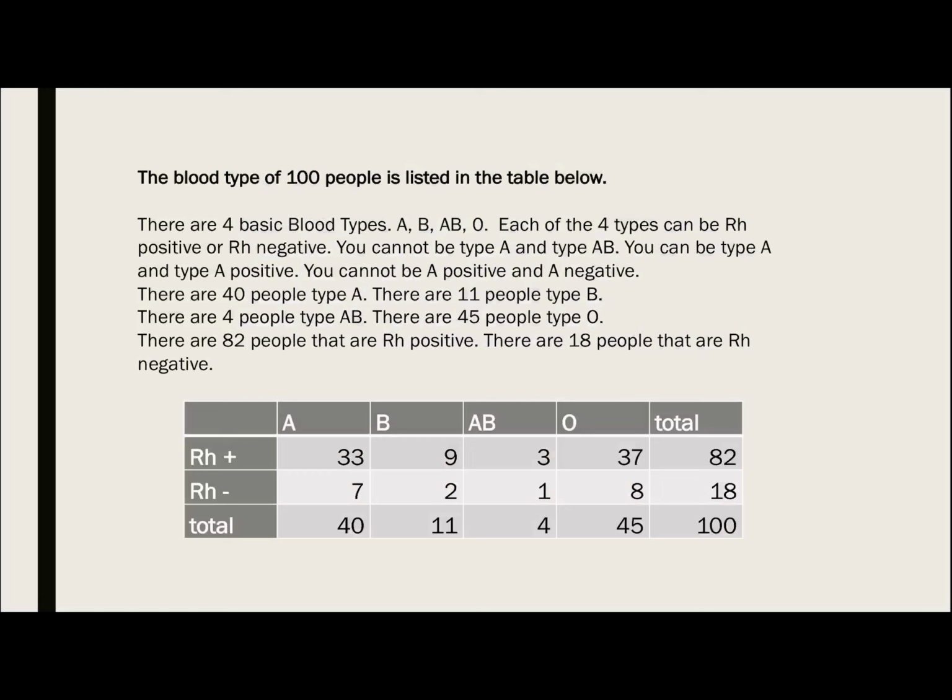You can be type A and type A positive. There are 40 people type A, 11 B, 4 AB, and 45 O. There are 82 people that are RH positive. There are 18 that are RH negative. 100 total people.